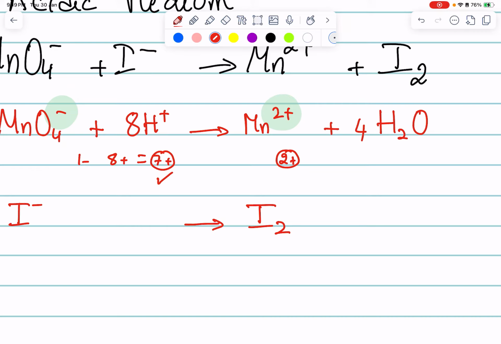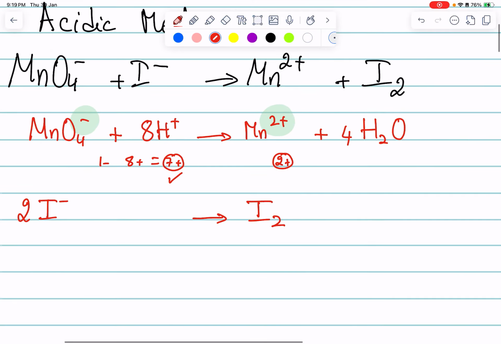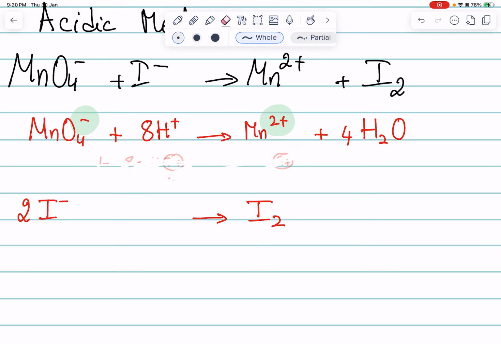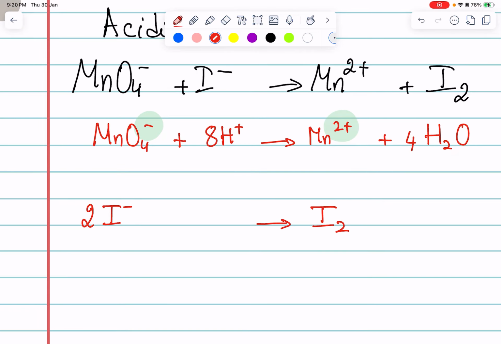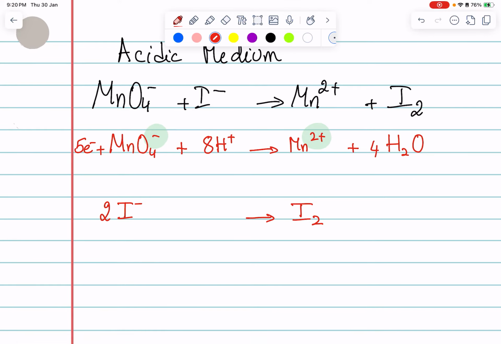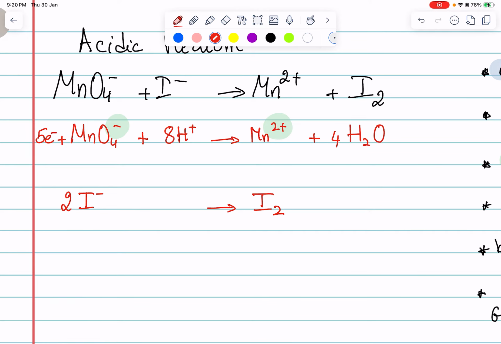The 7 plus needs 5 electrons in order to become 2 plus. So again, you look at the side that has higher charge. To that side, you add electrons until you make both sides equal. So here having 7 plus, we're going to add to the reactant side 5 electrons. And now we're done with this first half equation. Because the electrons are added with the reactants, this is a reduction half equation where electrons are gained.